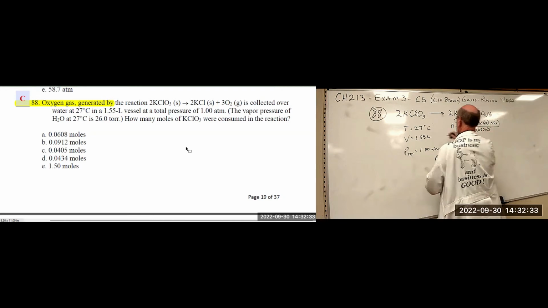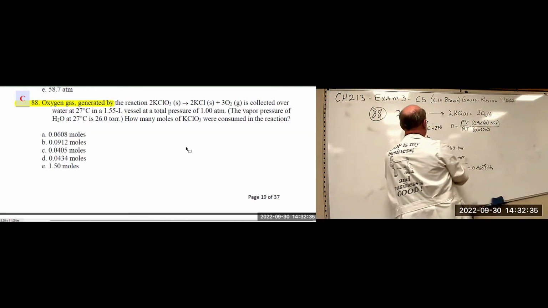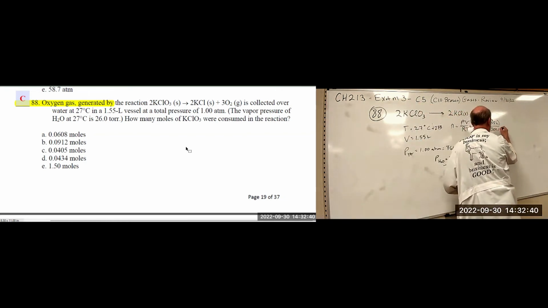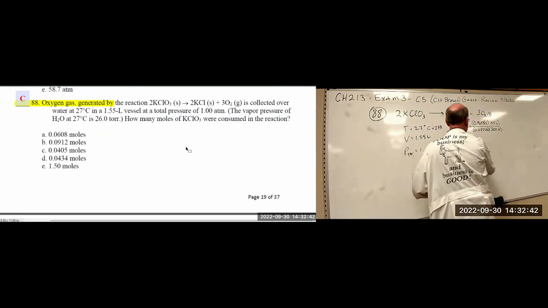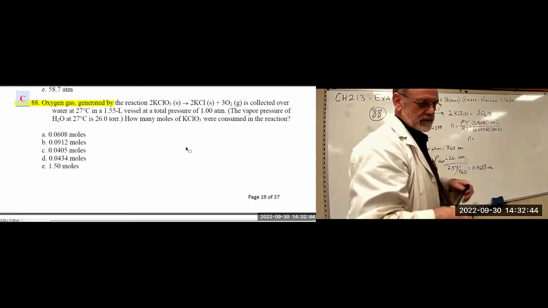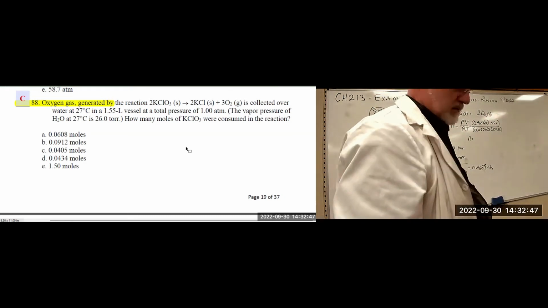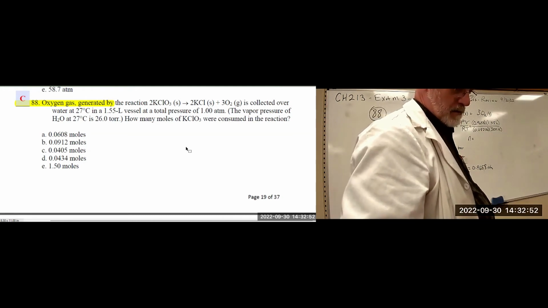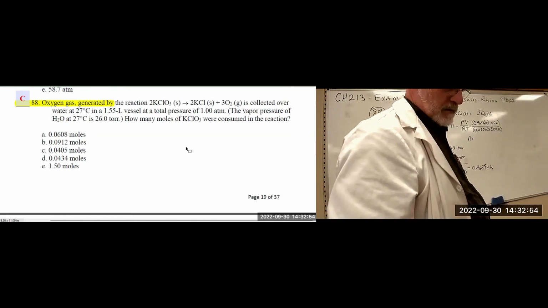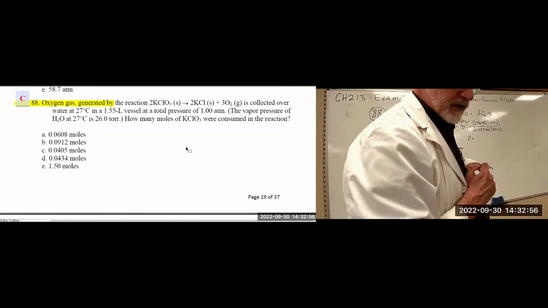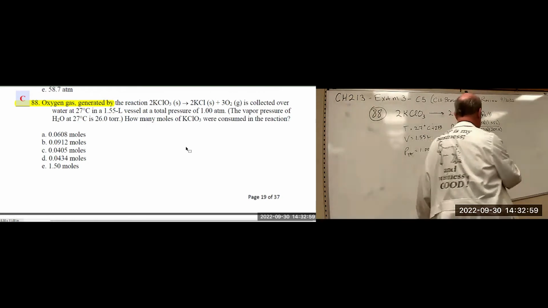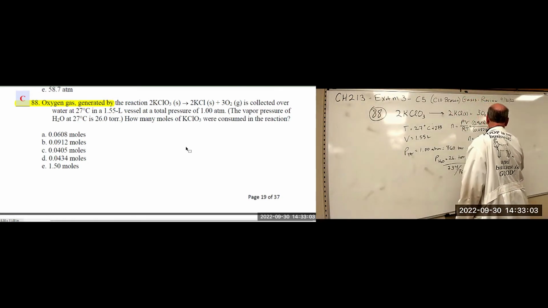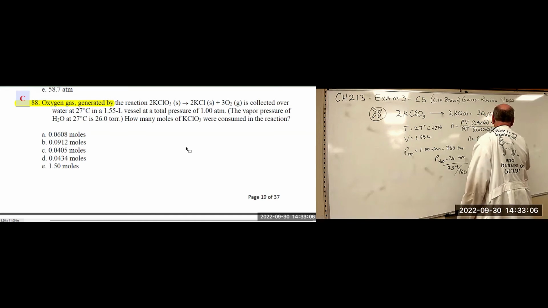And temperature is 273, so that would be 300 K. So the number of moles of oxygen is that. I get 6.081 times 10 to the minus 2 moles of oxygen.